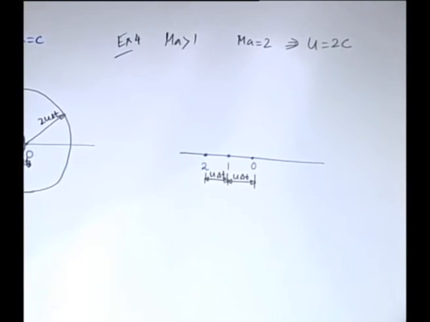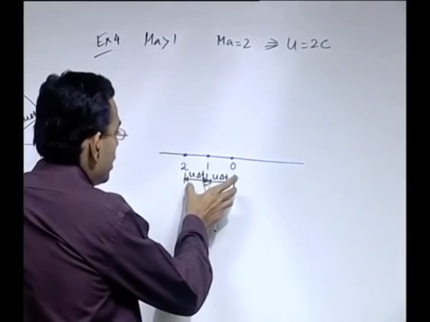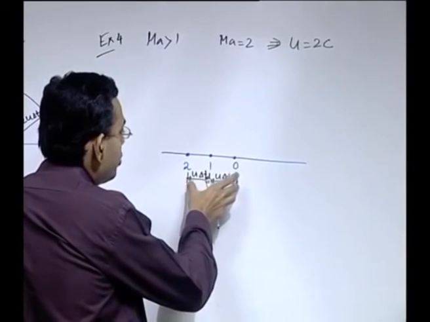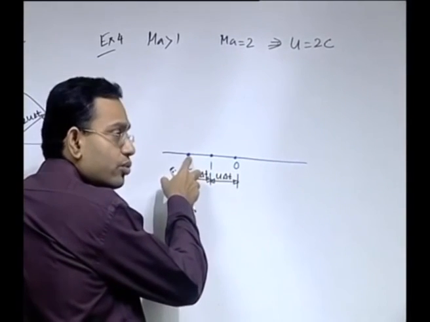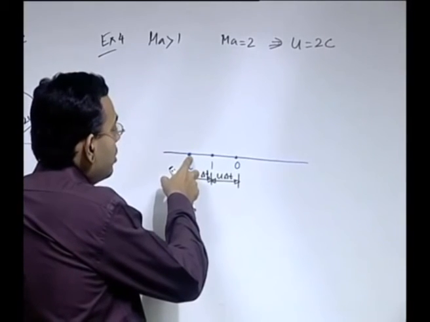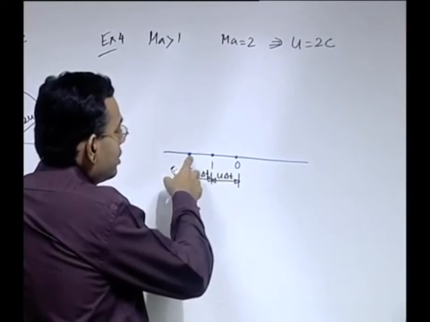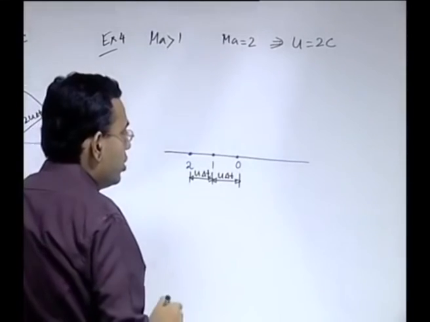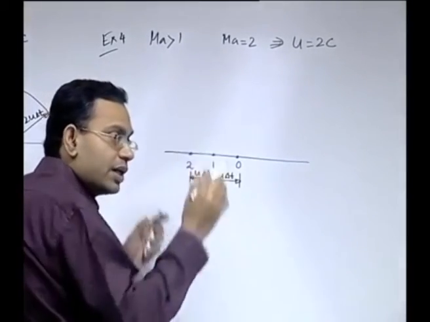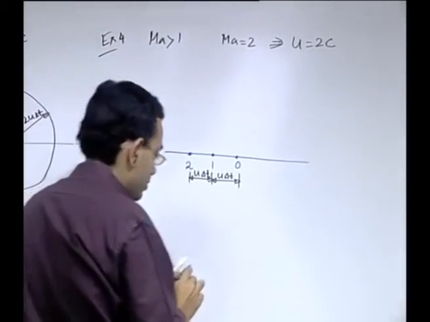So, by the time it has come by, the source has come by 2 u delta t, what will be the corresponding u into delta t will be the corresponding propagation of the disturbance wave front.